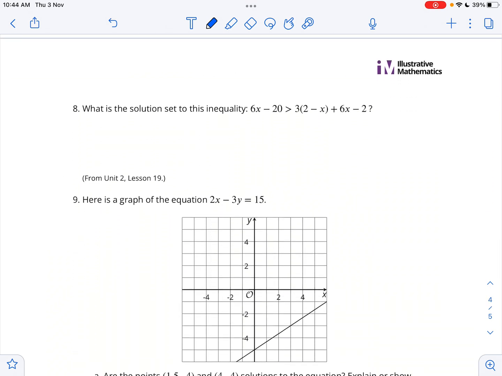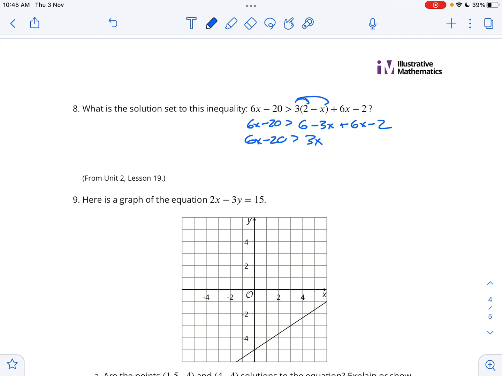Question 8, what is the solution set to this inequality? So here we're going to have to go through and do a little bit of algebra. That left side's already simplified as much as I can, so I'm just going to leave that. The second side, start by distributing the 3. And then I'm going to do a little bit of simplifying over there.